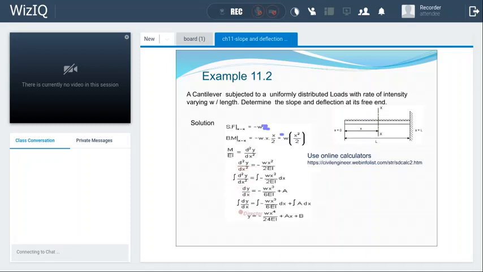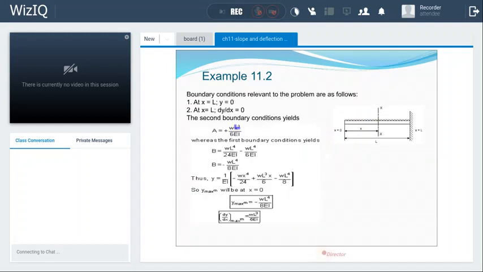We substitute here in this equation at x is equal to L, your deflection is 0, and we already have the value for A, so we can calculate the value for this second constant B, which gives you a value here like this. So B will be calculated in this way. We substitute these numbers, and that gives you the value for B.